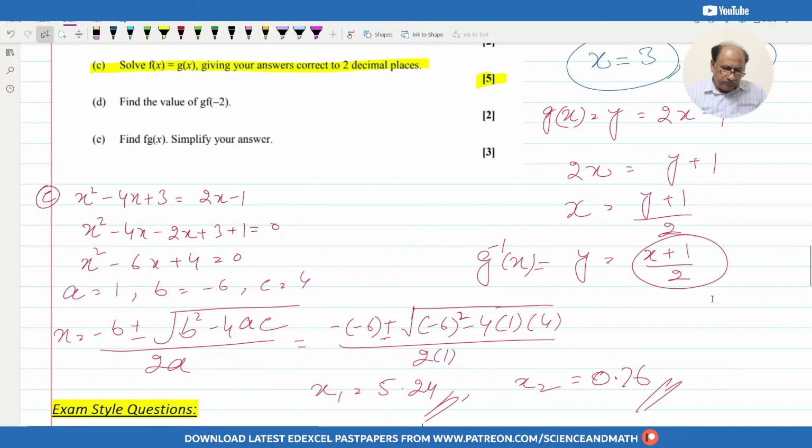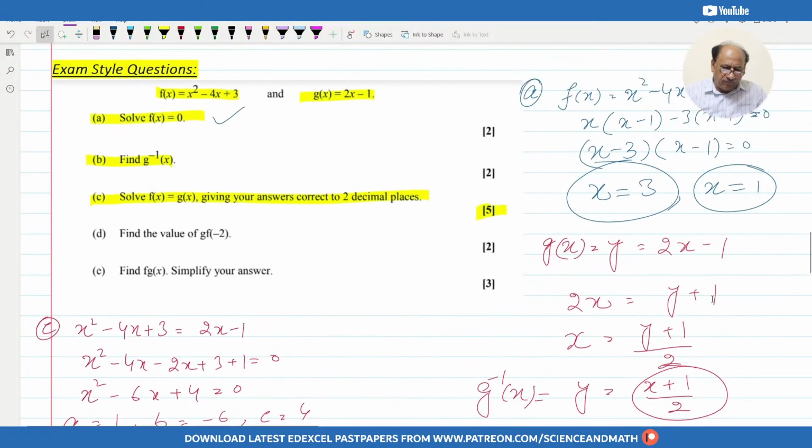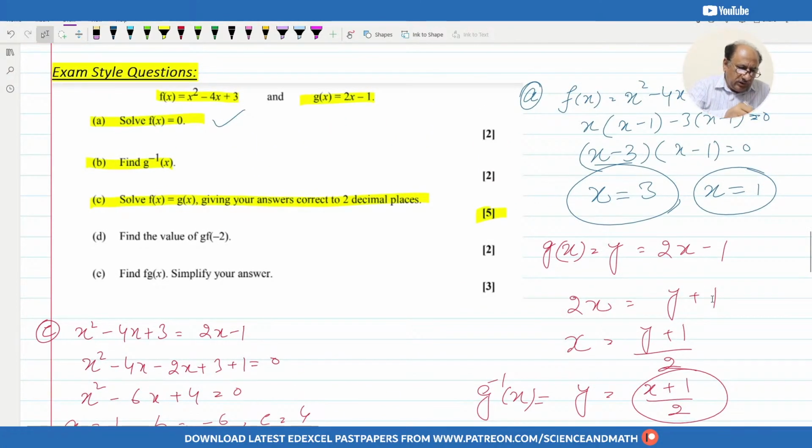Now next is find the value of g of f of -2. For g of f of -2, first we will find f of -2. So I will solve f of -2 here. Hopefully you understand. f of -2 is equal to -2 squared, I'm replacing x with -2, minus 4 into -2 plus 3.